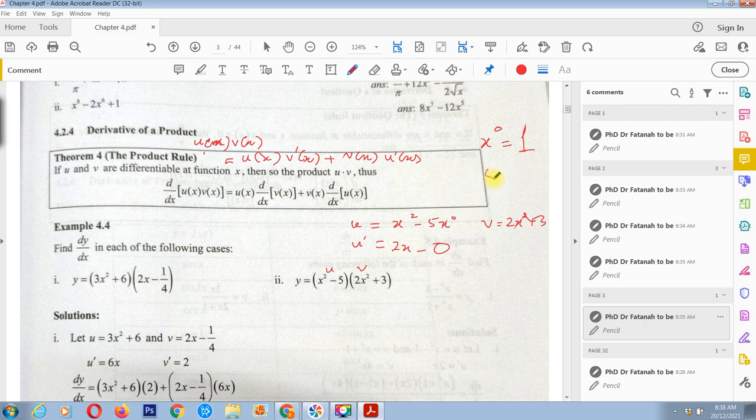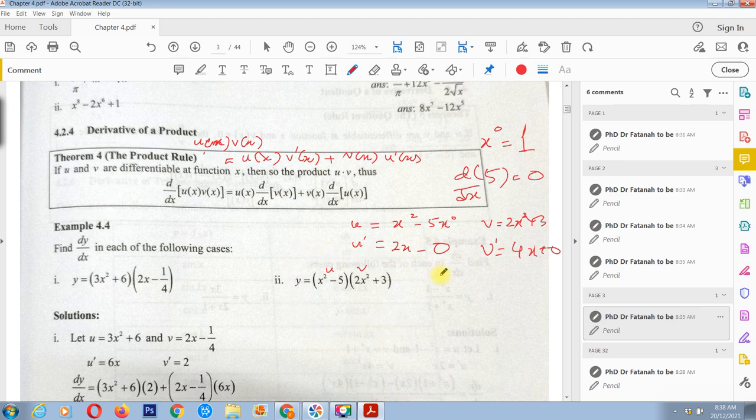so if we have 5, okay, differentiate 5, we get 0, so minus 0, and then v prime equals 4x, 4x plus 0.